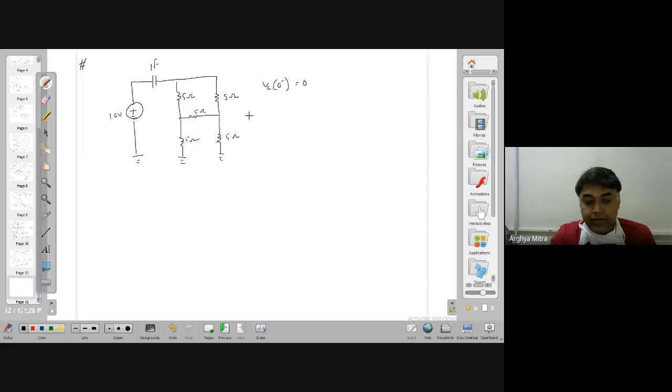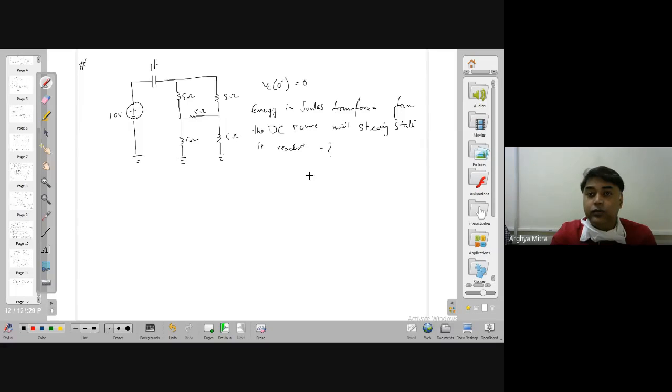It is asked to find out the energy in joules transferred from the DC source until steady state is reached.